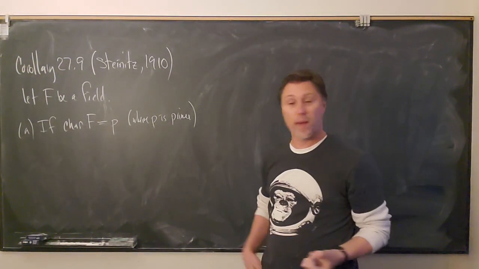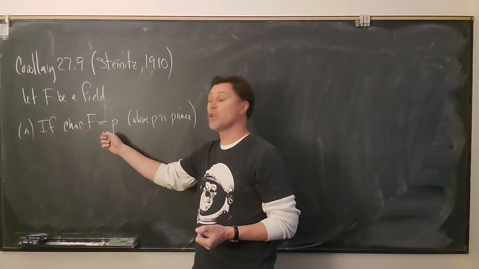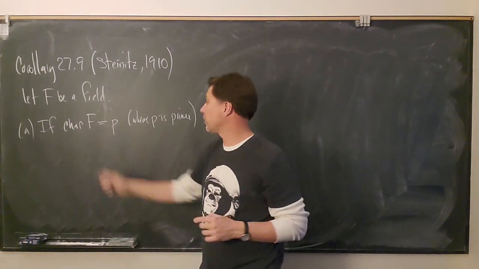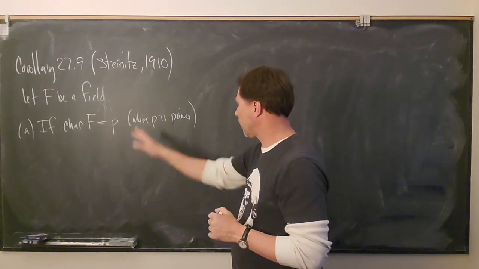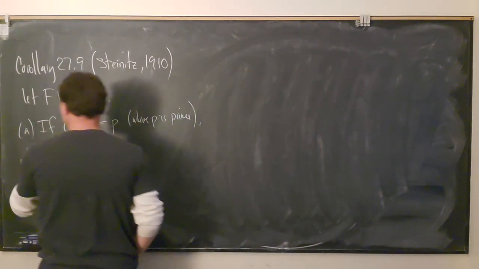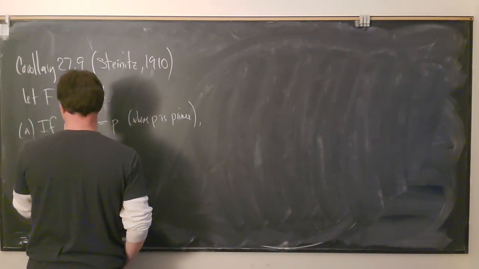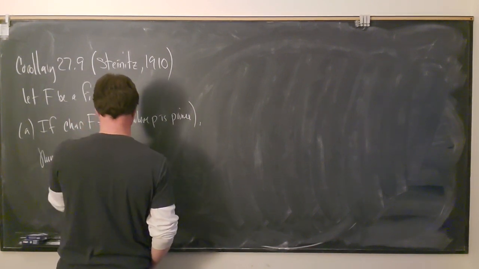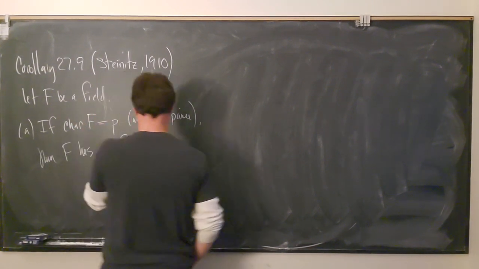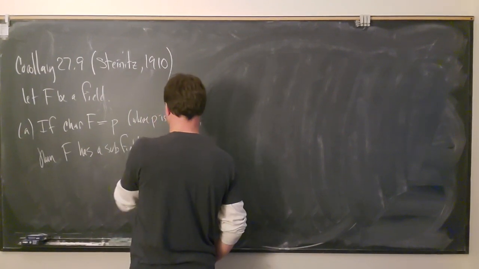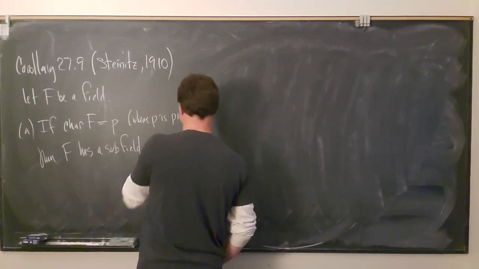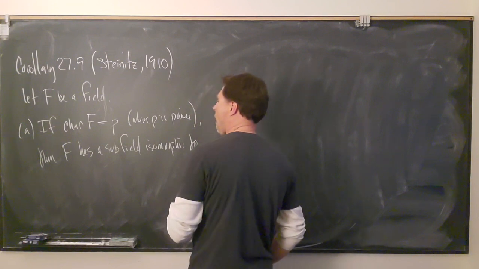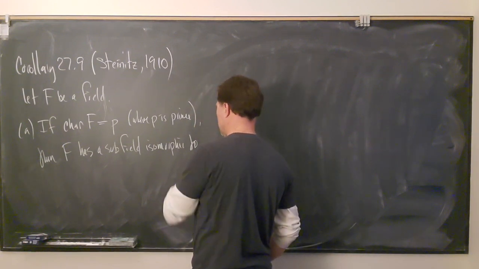Fields are integral domains, so the characteristic of a field is always either 0 or a prime number p. So if the characteristic is p, then F has a subfield isomorphic to Zp.